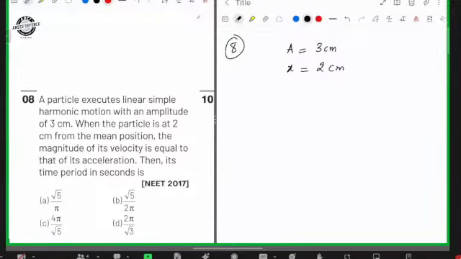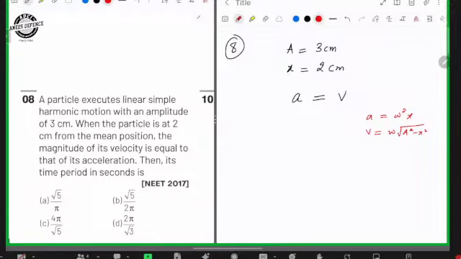In the question they have given that the magnitude of acceleration becomes equal to the magnitude of velocity. Remember we have the equation of acceleration: minus omega square x. I will just use magnitude, so the negative can be cancelled. And the velocity is plus minus omega under root a square minus x square, correct?